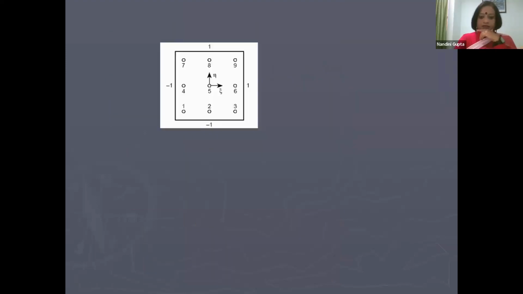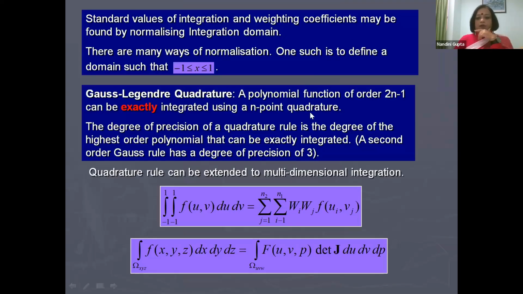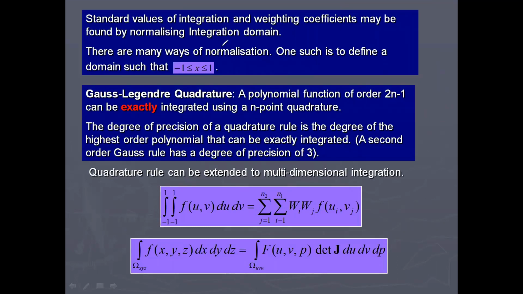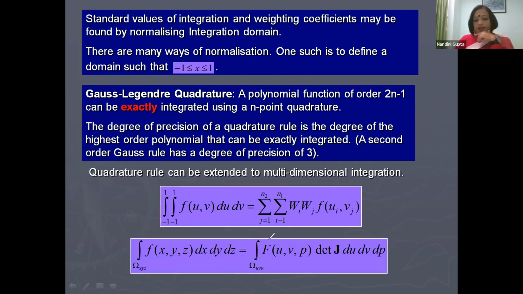Okay, one more thing is this. When you perform the integration, do not forget that if you have x, y, z, you can have u, v, w. So it will be a triple integration, du, dv, dw.